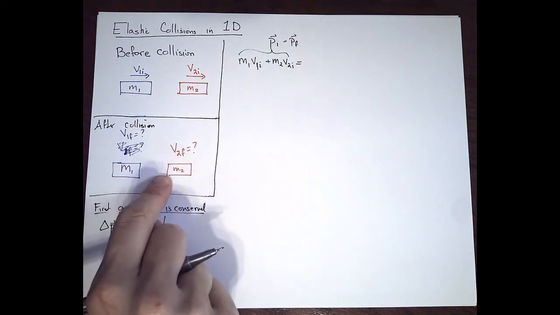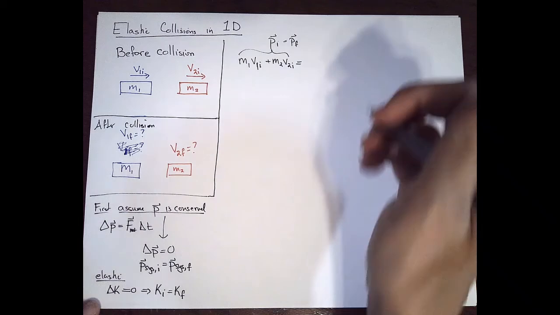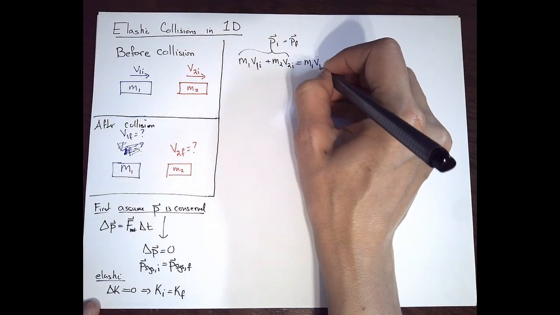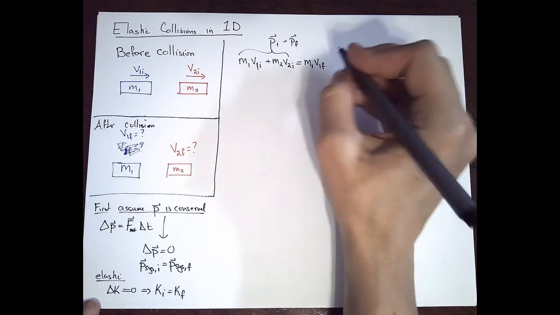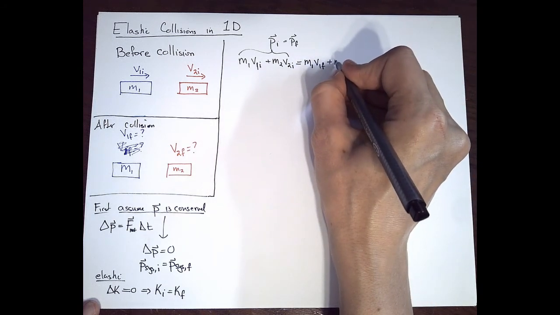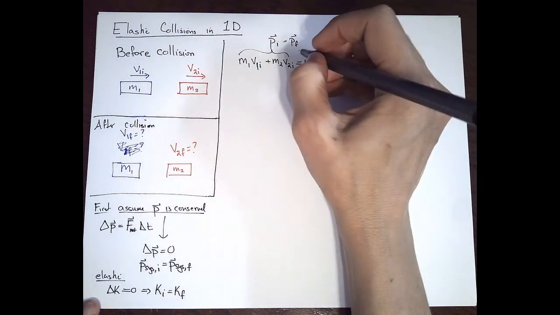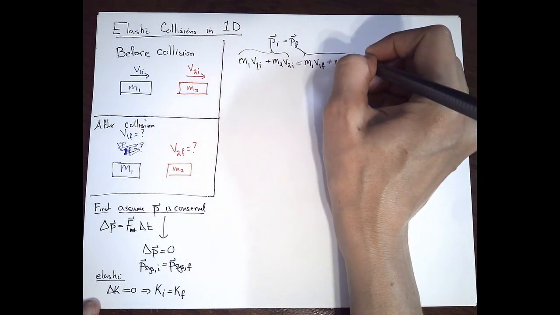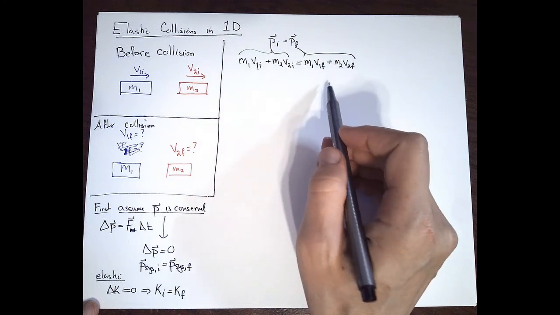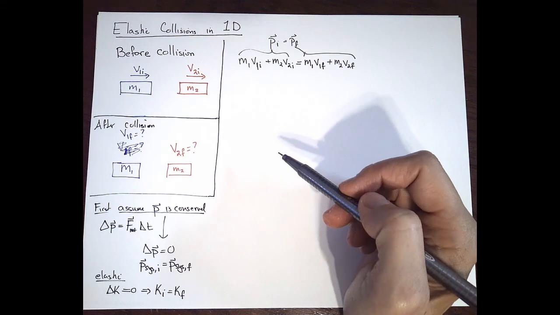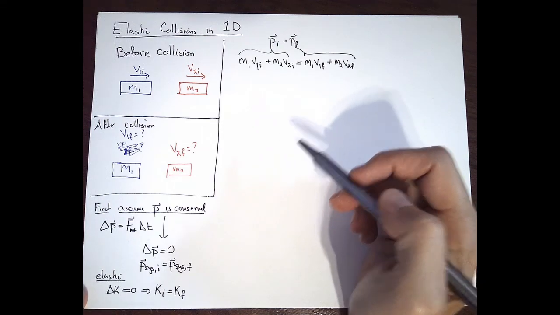I don't know what these velocities are, but I've written down symbols for them, so I can at least write them into my equation. Mass 1 times mass 1's final velocity, and then mass 2 times its final velocity. So that's what we get from momentum being conserved, and over on this side of the equation, that's the final momentum. We're also told that the kinetic energy is conserved.